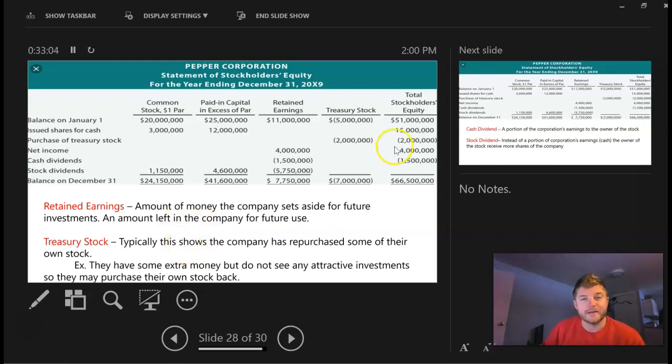A treasury stock is basically the company saying, I'm going to purchase some of my own stock back. So I went out and sold a bunch of stock out there, right? I sold a bunch of my shares and people bought a bunch. But I have some money. I think my company's doing really well. I don't see anything more attractive as an investment, so I can purchase my own stock back.